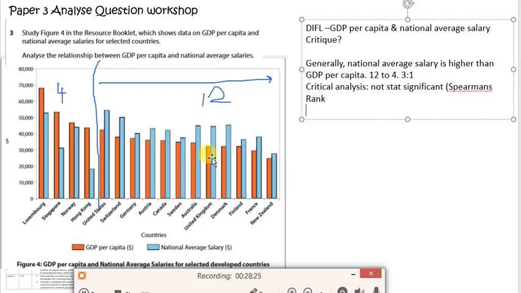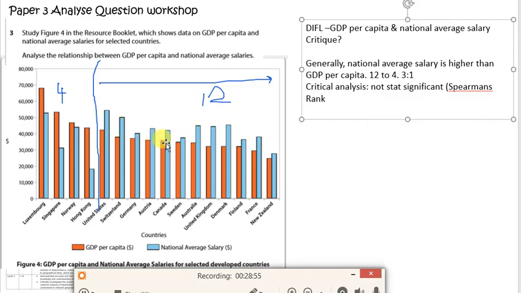Alright. Okie dokie then. And if we look at the actual relationship of these 12 countries, is there a large difference between GDP per capita and national average salary? Well, just have a look. New Zealand's pretty similar. Finland's similar. Sweden's similar. Canada's similar. Austria's similar. Yeah, so you can tally up your countries again. Generally speaking, there's not that much difference, or not that strong a relationship between GDP per capita and national average salary. They are pretty similar.